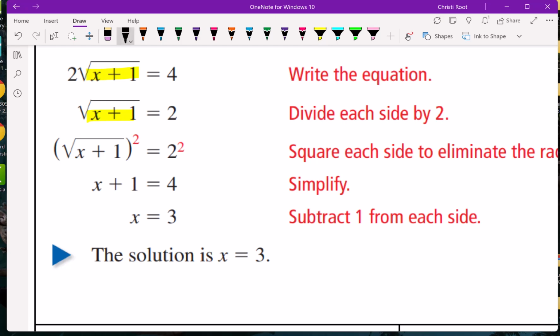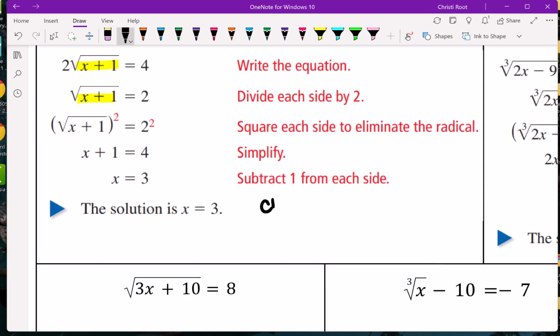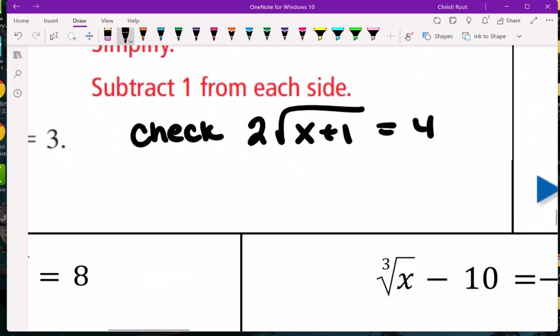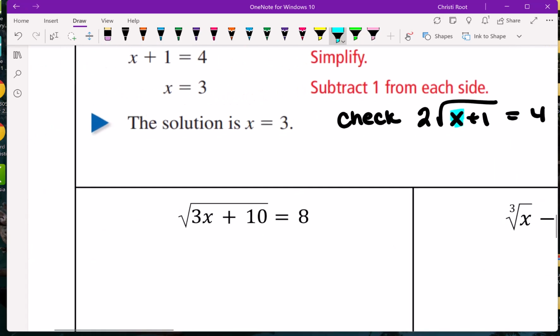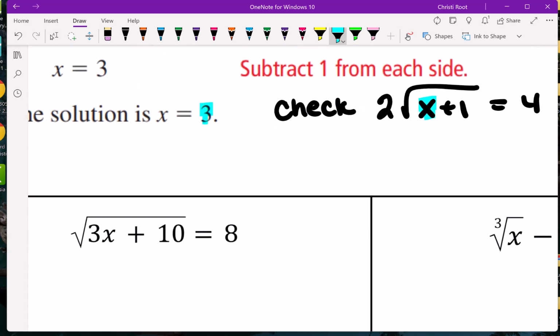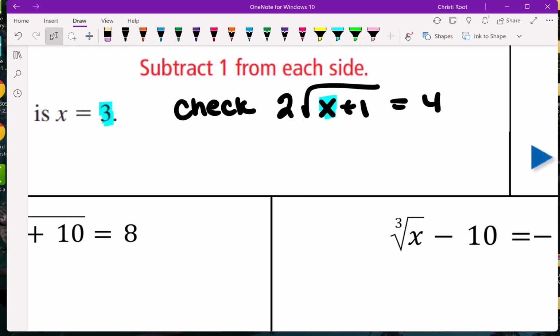So let me show you how to check this real quick. So if you want to check, you're going to write everything down exactly as it starts. No changes. Okay, exactly as it started at the very beginning. And then you take this number right here, that x, and you replace that x with the solution that you think it is.